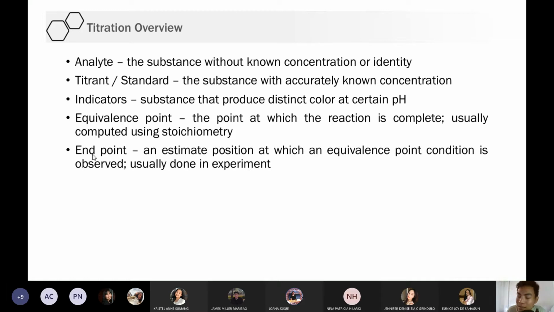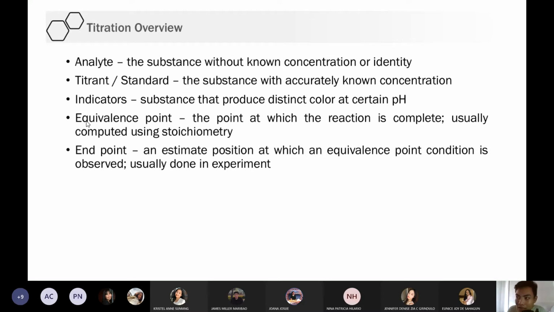So, estimate position siya relative to the equivalence point. Ibig sabihin, hindi talaga yun yung equivalence point. Yung endpoint, yun lang yung time kung saan magkakaroon ng color change, pero that color change is just an estimate of the equivalence point. So, ibig sabihin nun, pag na-reach mo yung endpoint, medyo malapit na yun sa equivalence point.